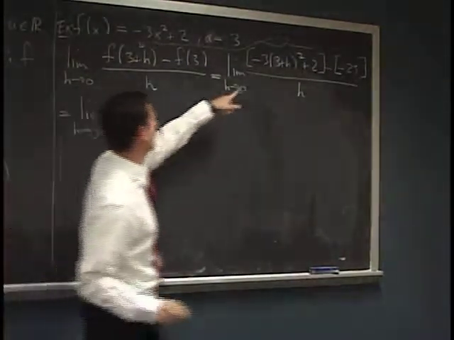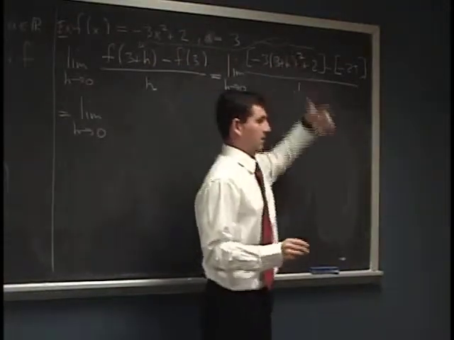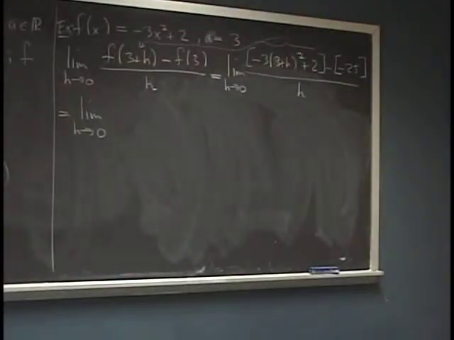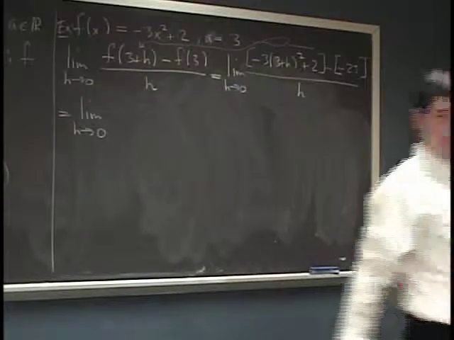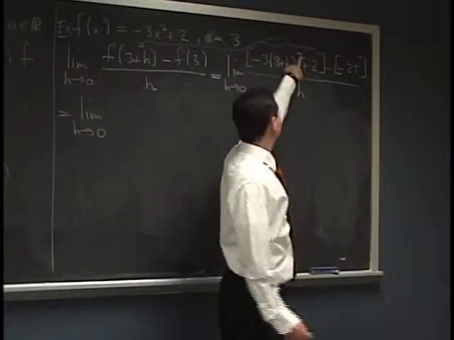Okay, so I need to expand a bunch of stuff here. So let's see. Let's put the formula on the sideboard for a second, just so we all remember. You take x plus y and you square it. This is x squared plus 2xy plus y squared. So we just apply that here and say, okay, 3 squared is 9.